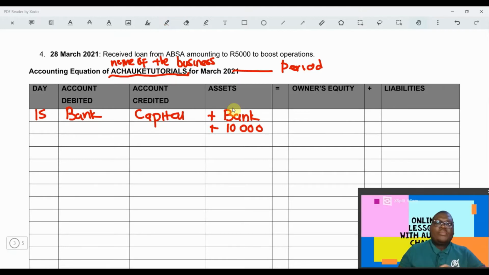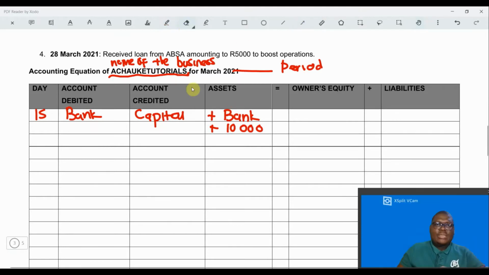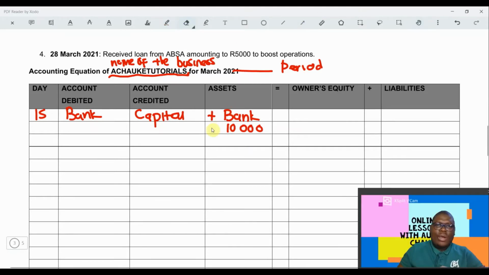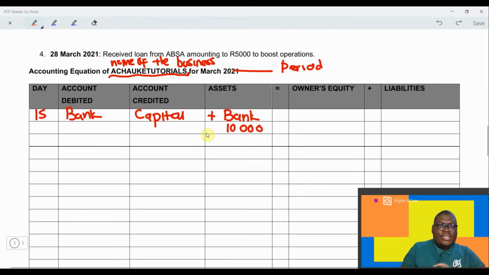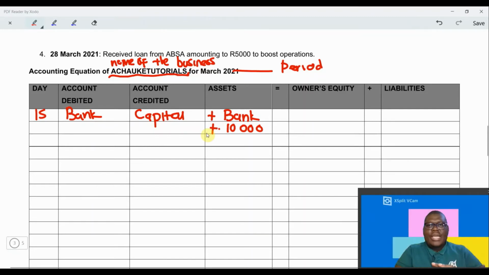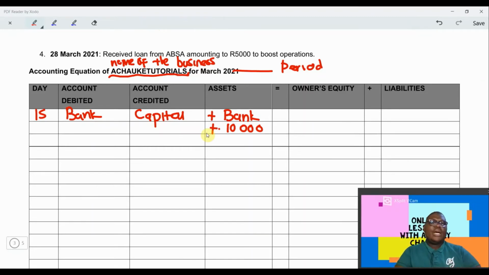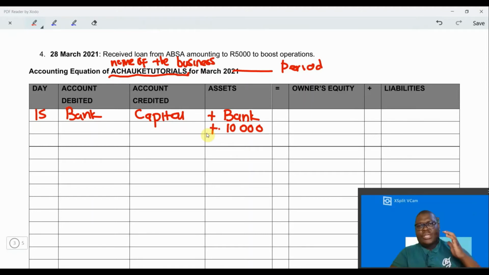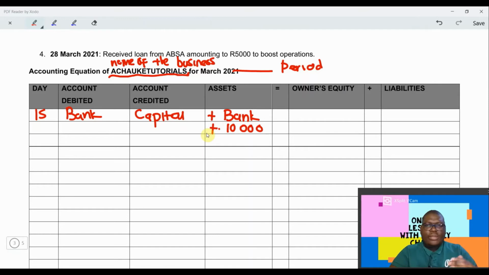You have shown the effects on this first element, and then you are only left with what we call the credit entry. You've done the debit entry, you just have to do the credit entry. Okay, so remember we said it's plus 10,000 here. So we need to ask ourselves which element here is affected by the capital contribution.